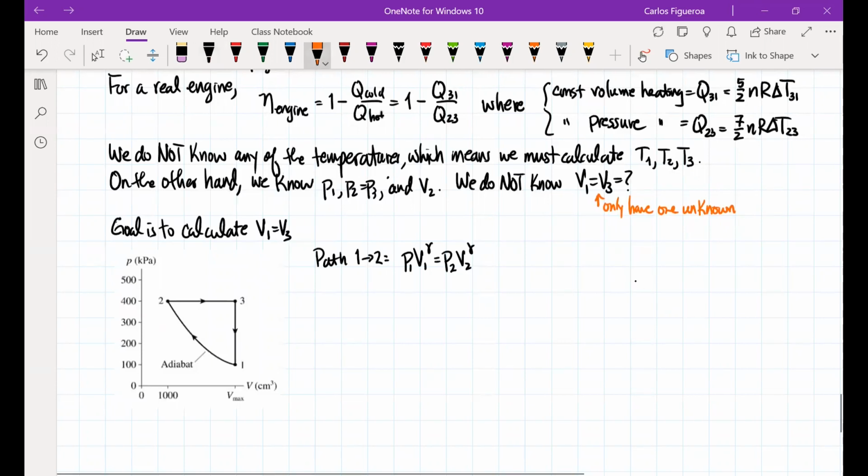So this contains V1, which is what we're going to try to solve for.